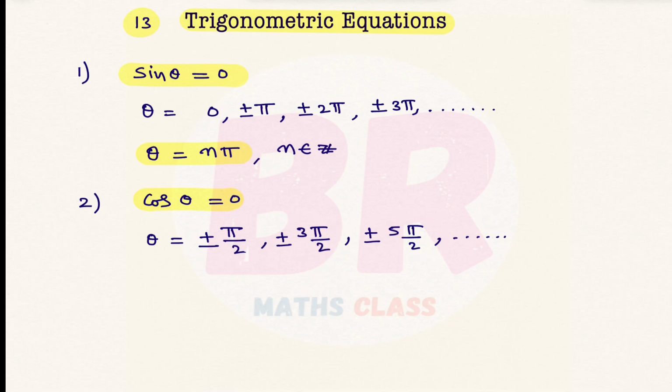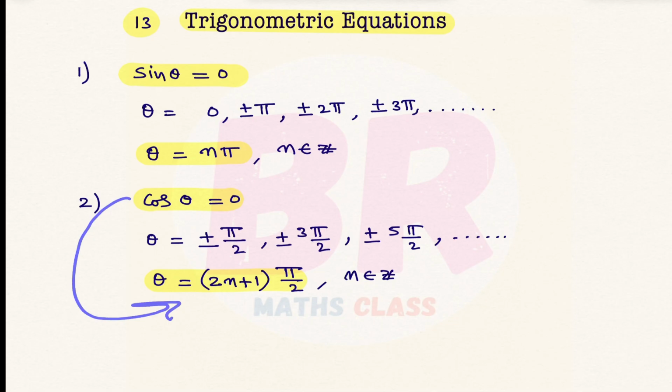If you observe all these, an odd number into pi by 2 is there. If I write the general form of this, it is 2n plus 1. 2n plus 1 refers to an odd number, odd number into pi by 2, where n is an integer. So, the general solution for cos theta equal to 0 is theta equal to 2n plus 1 into pi by 2.